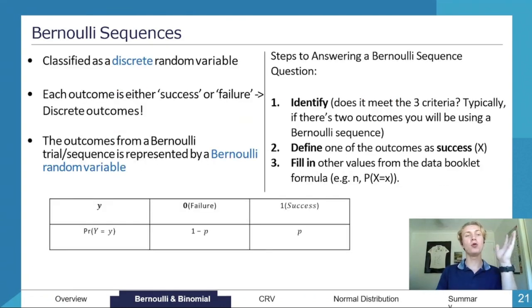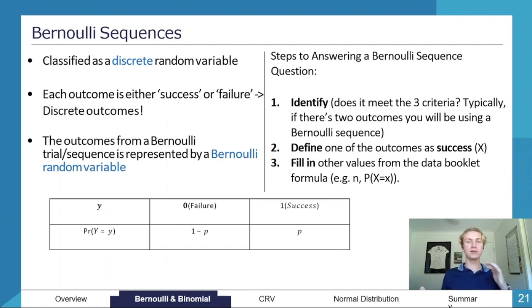Okay, a bit more on Bernoulli sequences. Bernoulli sequences are discrete random variables, and that's because it's success or failure. It's a discrete outcome. It's either going to be success or it's going to be failure. And often we use Bernoulli sequences to extrapolate some probability questions for some of our discrete variables, as I'm sure you're going to see in your class, and we're also going to go over some.